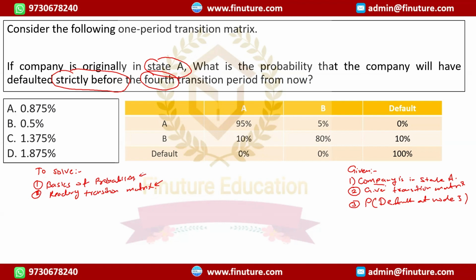So first of all, when I look at this matrix, what essentially it tells me, like if company is A, in next period it will be A, probability of that is 95%.